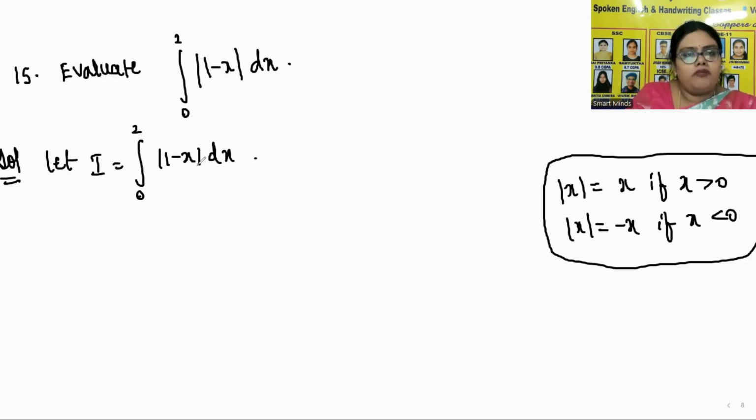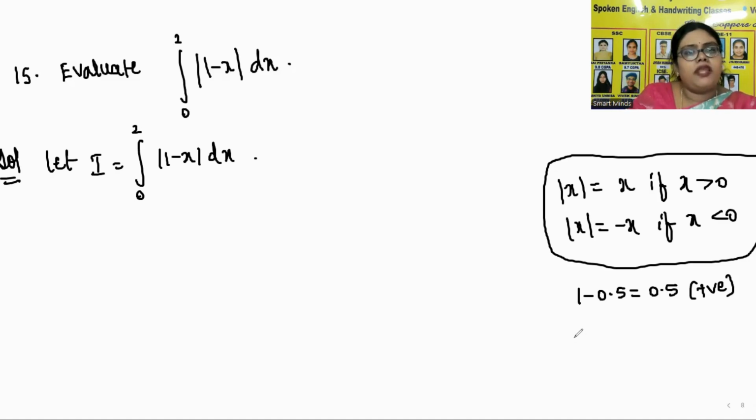Now for what values of x will 1 minus x become positive? So let us take any number less than 1. Let us take 0.5. If you take x as 0.5, 1 minus 0.5 is 0.5, which is positive.